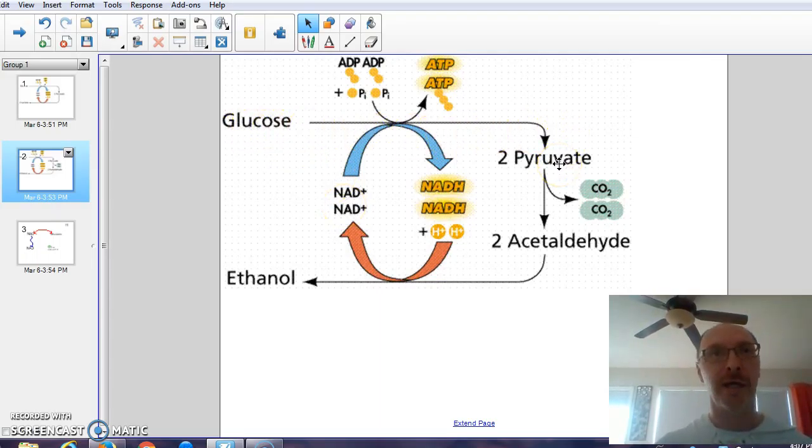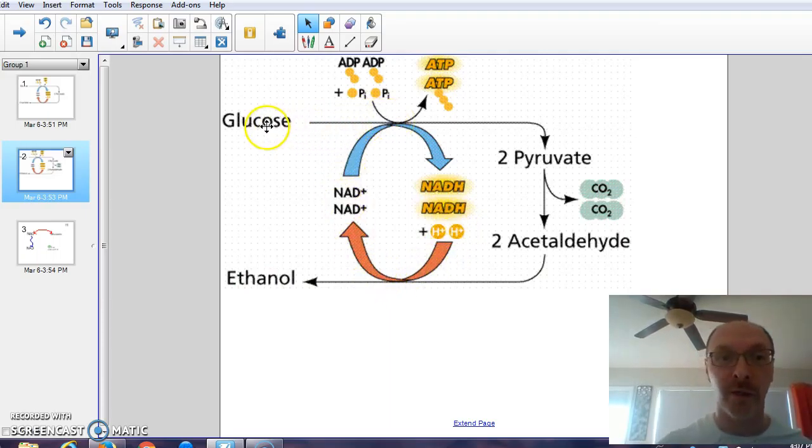So what cells do, some cell types do, is change the pyruvate into acetaldehyde, and they do that by removing a carbon dioxide. Then the acetaldehyde will accept electrons from the NADH, and the acetaldehyde will be changed in a chemical reaction to ethanol. That means the NADH can be changed back into NAD, and we can start all over again.